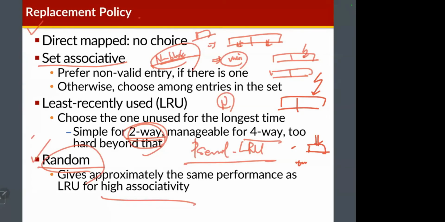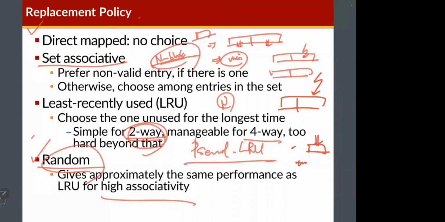So if the cache block is recently accessed, then with a high probability this block can be accessed again. The least recently used algorithm, the LRU replacement policy, is based on this temporal locality of our data.